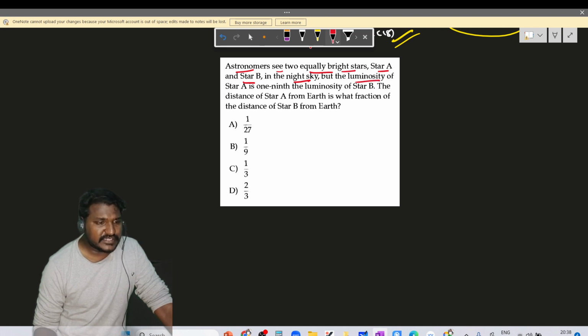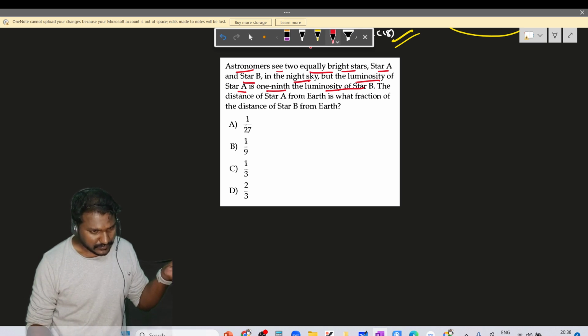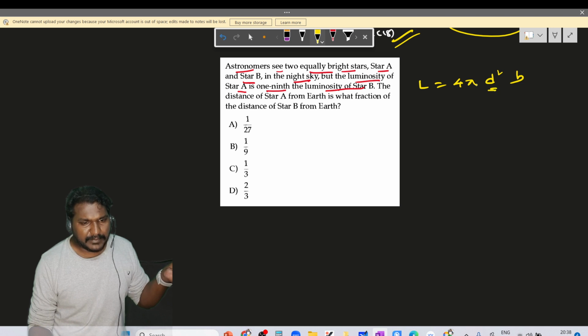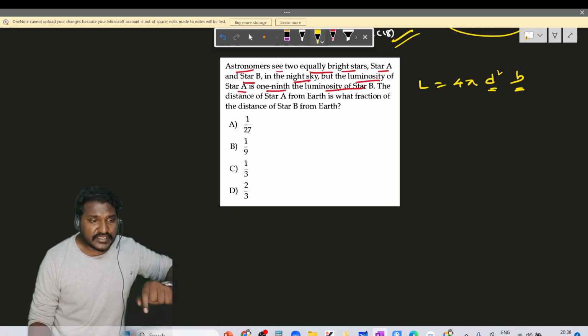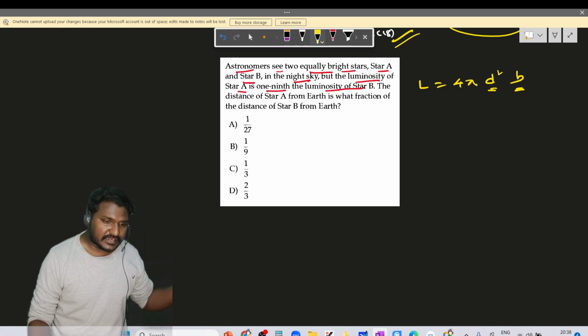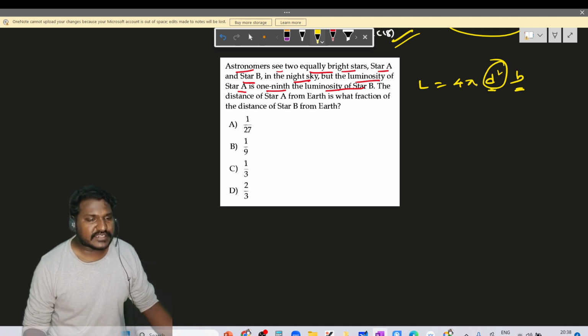But the luminosity of star A is 1/9 the luminosity of star B. So their brightness is the same, because luminosity depends upon d and b, where d is distance and b is brightness. Brightness is the same, no change in brightness, but the luminosity is 1/9 of the other star. That means it is because of d. Now we need to find what fraction of the distance is from the other star.